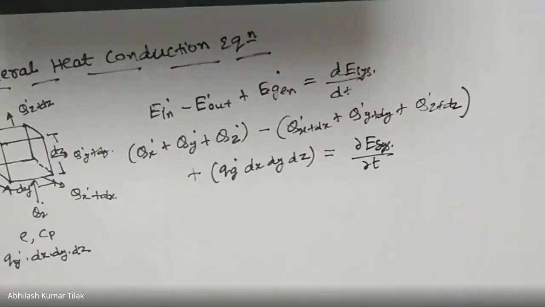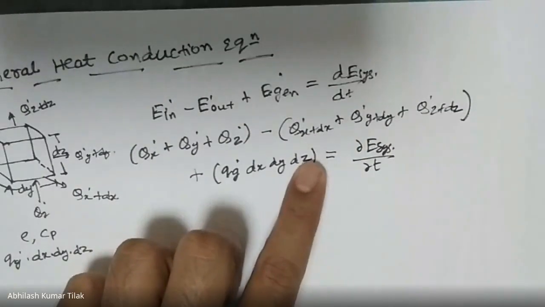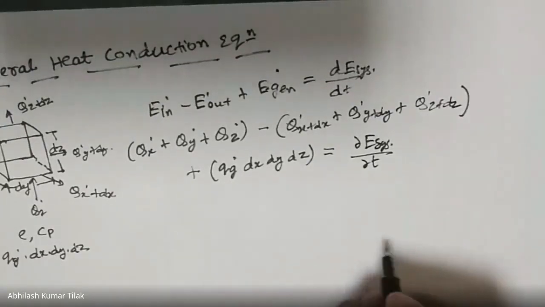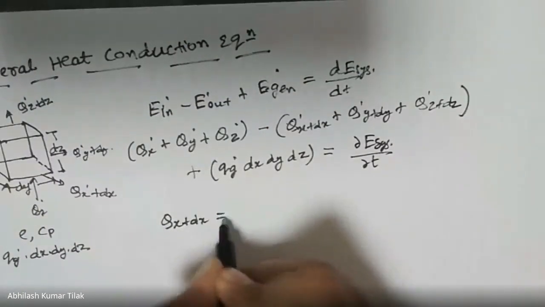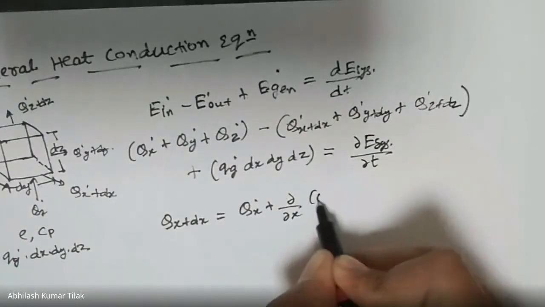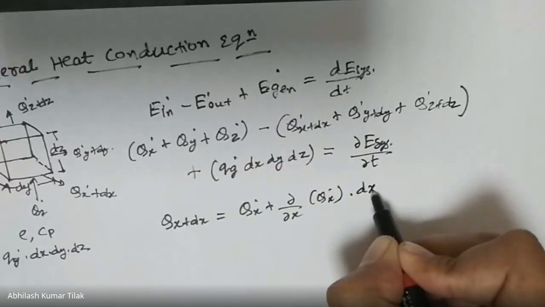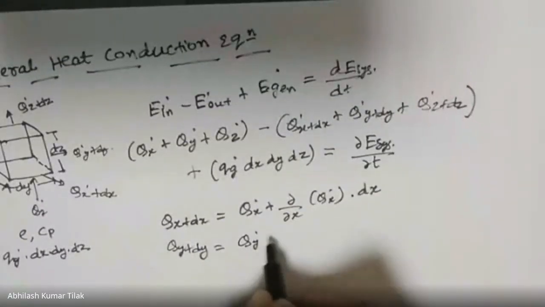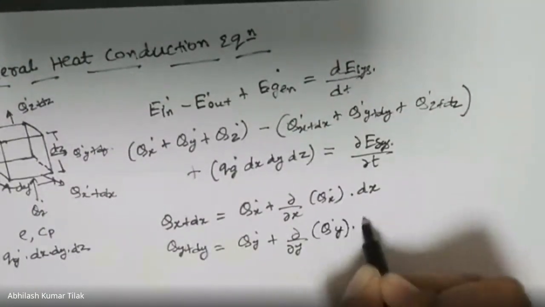Now we can write the value for q of x plus dx. So I can write from here it to be qx plus dou by dou x of qx into the element length, that is dx, as equal to qy plus dou by dou y of qy into dy.